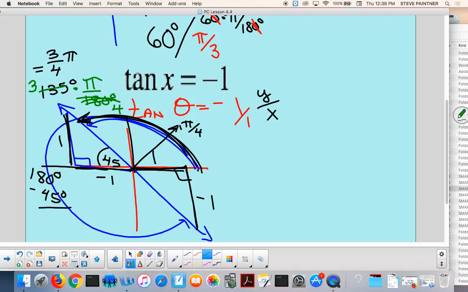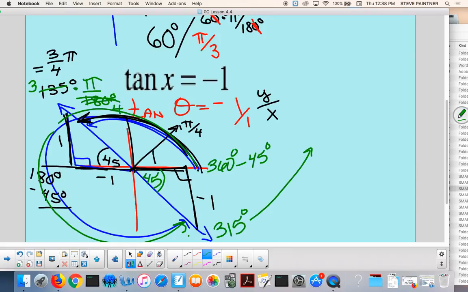Okay, last answer. Here we go. That's the answer, but your reference angle is still 45. So to get that answer, take 360 minus 45, and you get 315. 315 in radians is 7/4 pi.